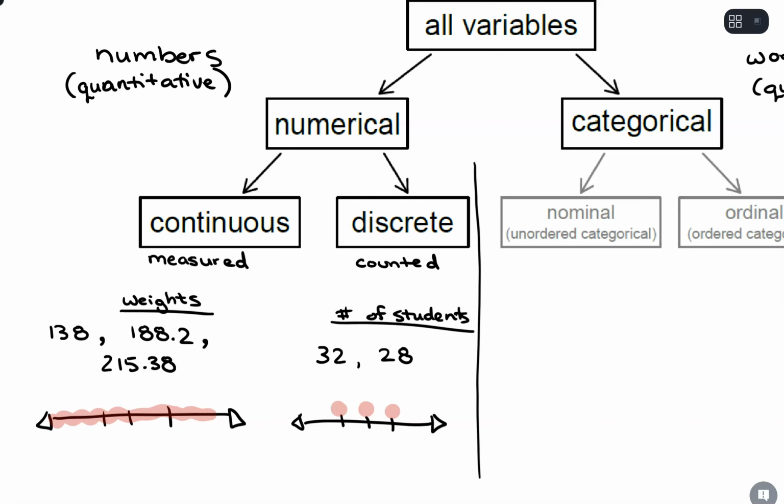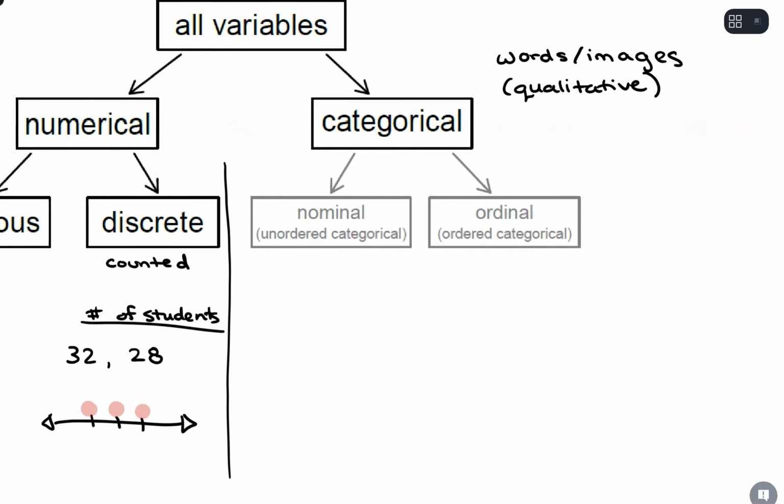Let's now look at categorical variables. So we're going to have nominal, which is unordered categorical, and ordinal, which is ordered categorical. Nominal, you might also see described as just regular categorical. It's just kind of our standard categorical, and then there's ordinal.